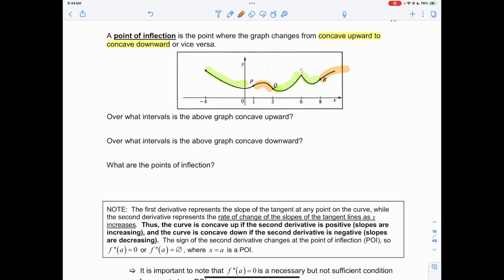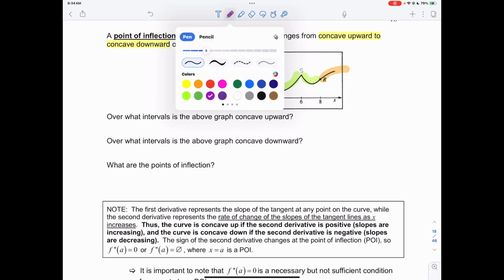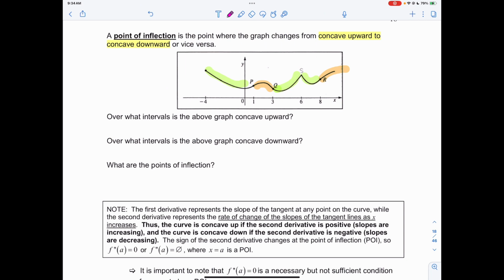So, when it says, what are the intervals where the graph is concave up?